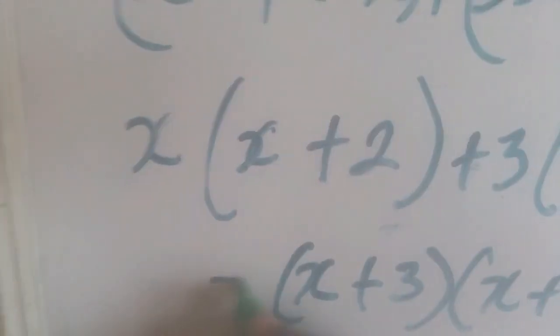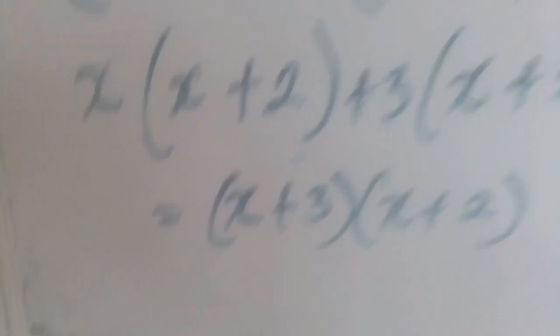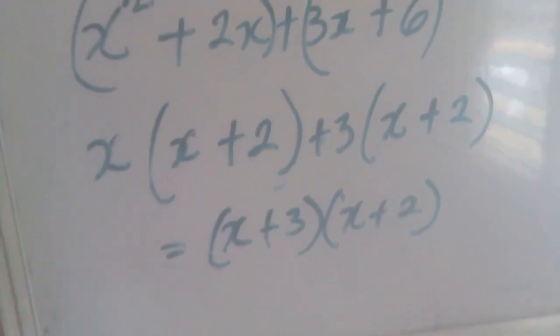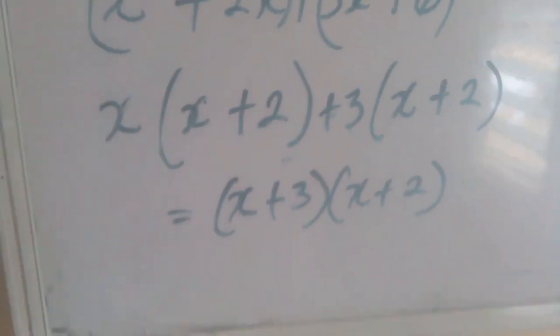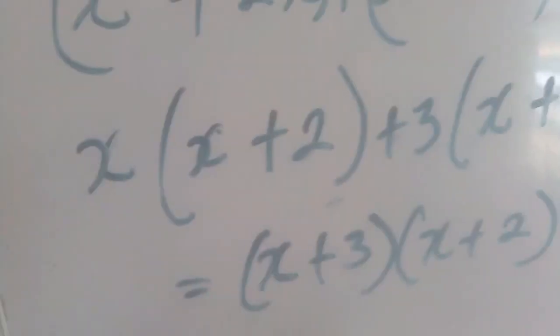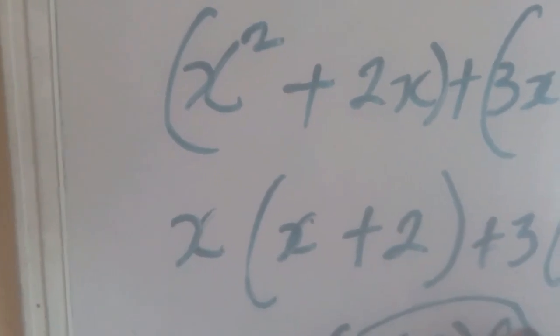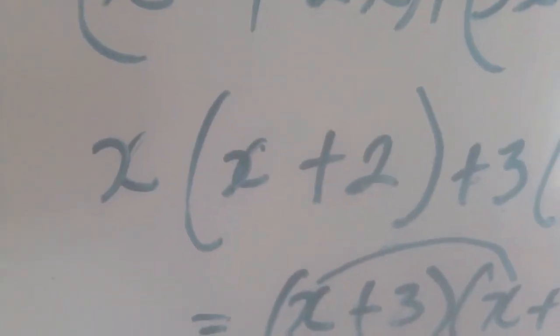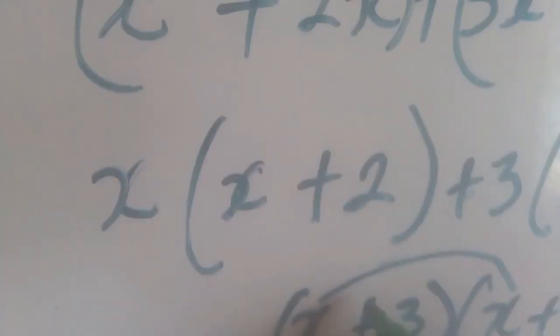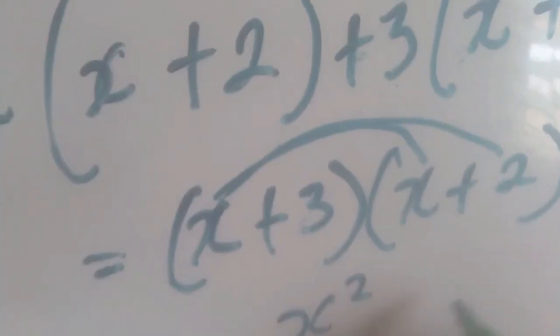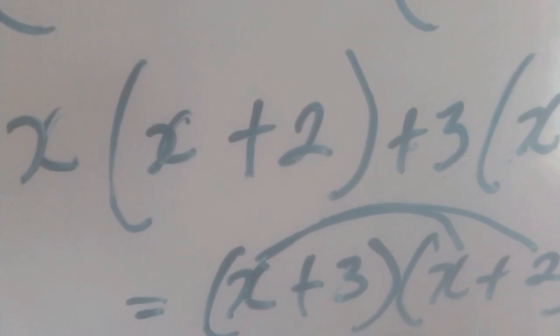So you've been able to factorize this expression. So your factor is x plus 3 multiplied by x plus 2. And if you want to check if your answer is actually correct, you can multiply this one times this, which will give us x squared, and multiply the same x with 2 will give us plus 2x.